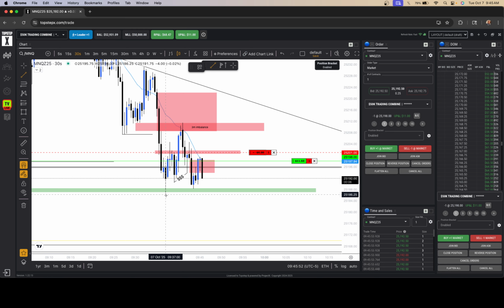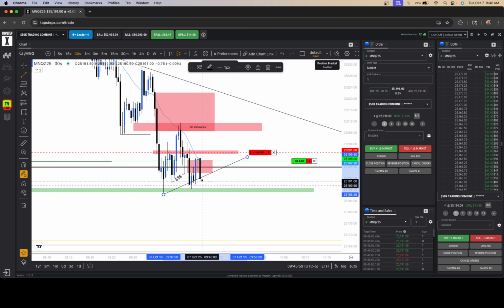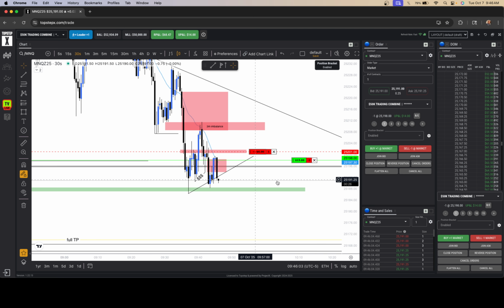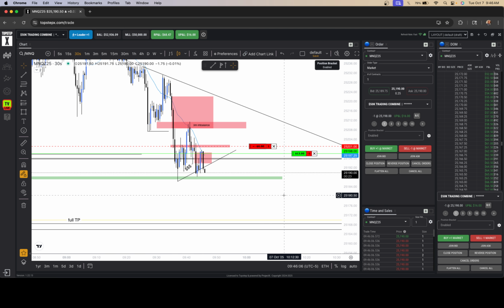And then we want to see it break through this structure right here. So we need about 14, let's see, 65.